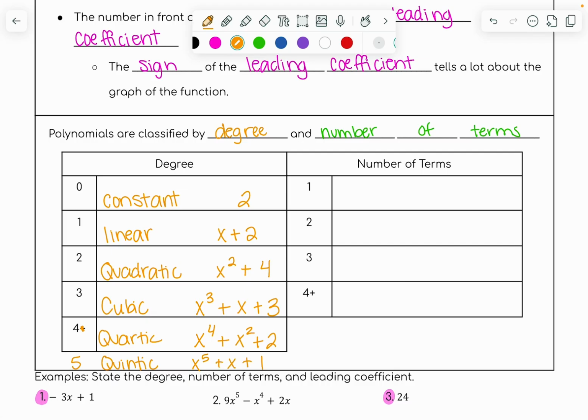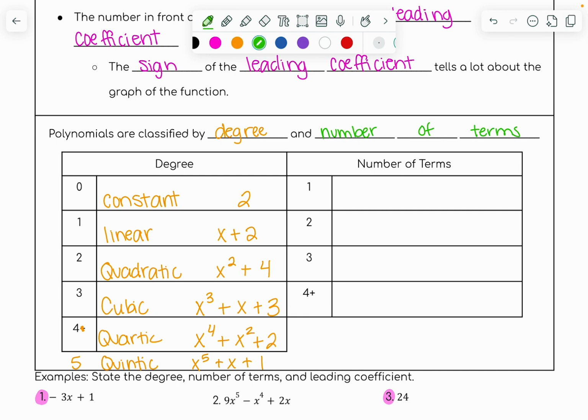So those are the 6, I guess, main degrees that we talk about and refer to in this unit: a constant, a linear, a quadratic, a cubic, a quartic, and a quintic. And again, all we're looking at there is what is the largest exponent.